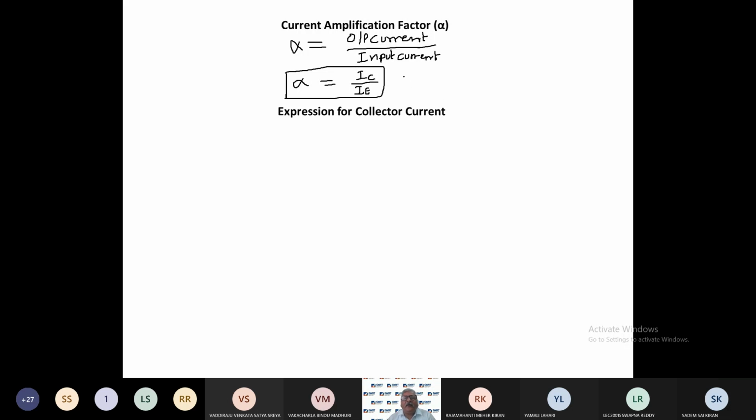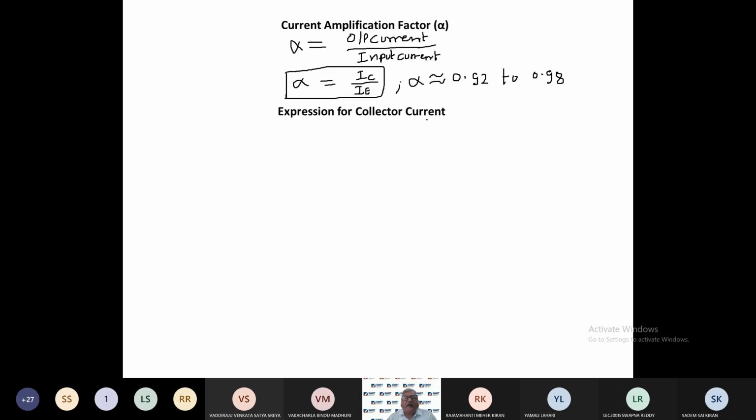And the alpha value is generally in the range of 0.92 to 0.98, like this. So a transistor is constructed in such a way that its alpha value lies between 0.92 and 0.98. Okay.